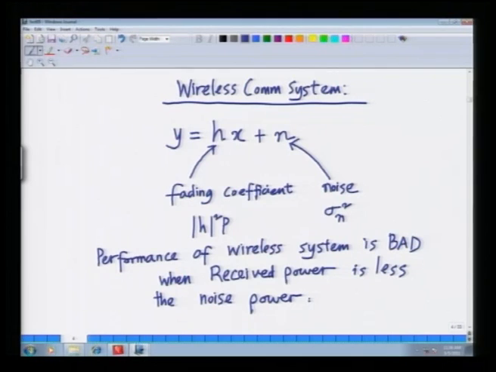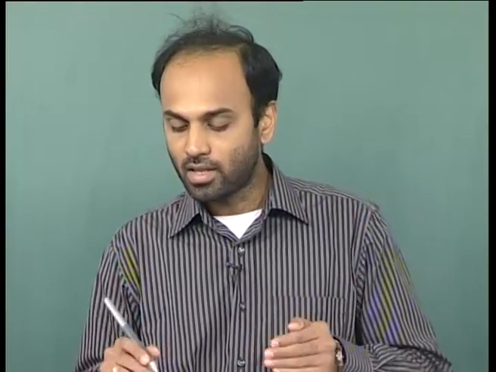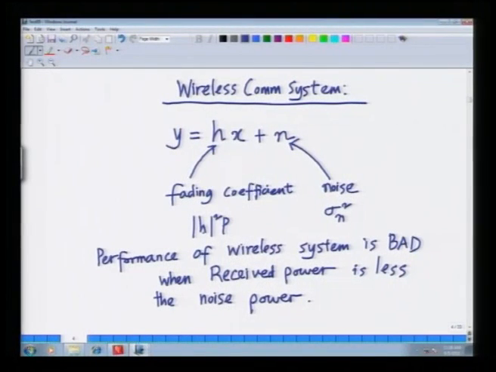What we are saying here is as follows: in a wireless communication system, the received power is norm h square, or the gain of the channel, times the transmitted power P. The noise power is sigma n square, and at times there is destructive interference in the channel due to the multipath propagation environment, and the power of the received signal is small when the destructive interference is such that norm h square, that is the gain of the channel times transmit power, is less than sigma n square, that is the noise at the receiver.